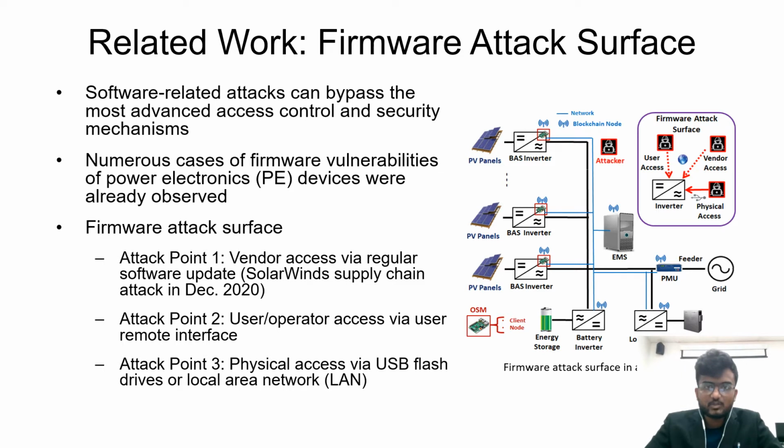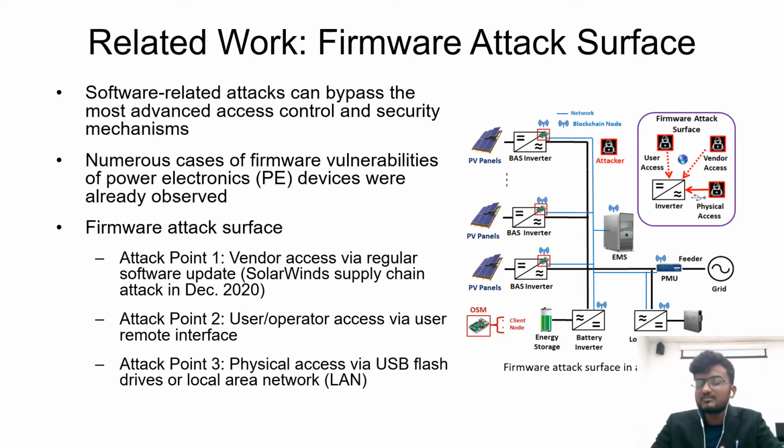Coming to the related work, firmware attack surface. Software related attacks can bypass the most advanced access control and security mechanisms. You might have come across numerous firmware vulnerabilities happening in power electronic devices. In our research, we studied, for example, the December 2020 SolarWinds supply chain attack.